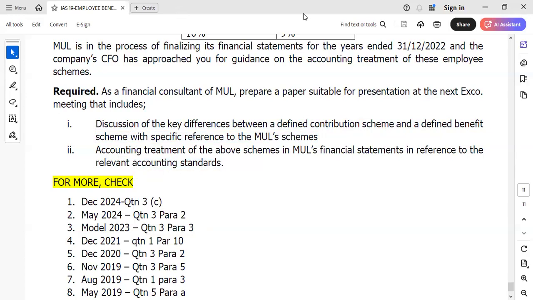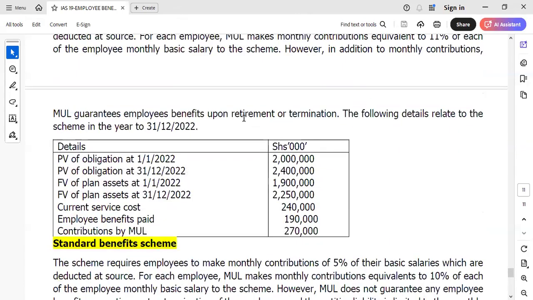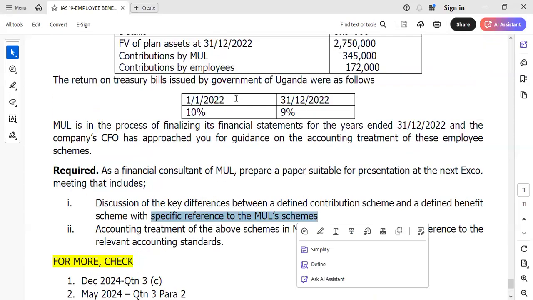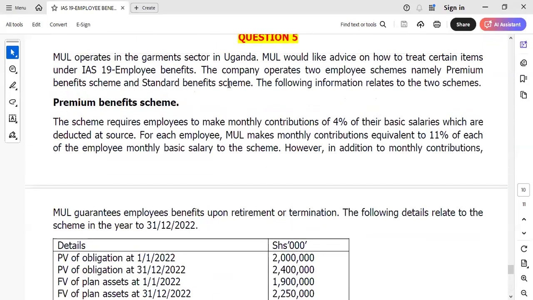So let's write something here before. Of course, here we want to know the difference between defined contribution scheme and defined benefit scheme. But since they have said with reference to the MORU schemes, let me first see the schemes that MORU has.